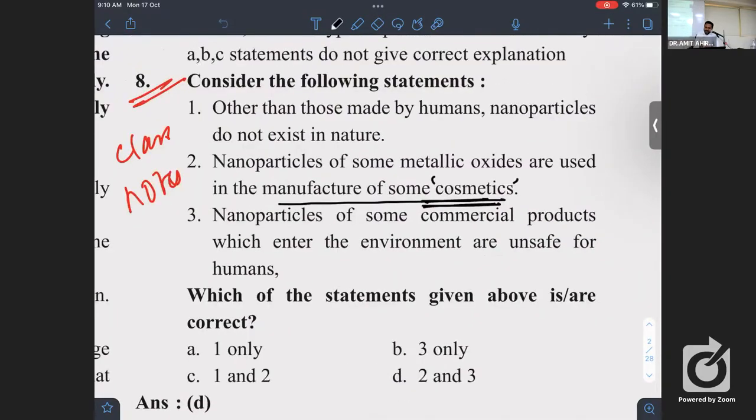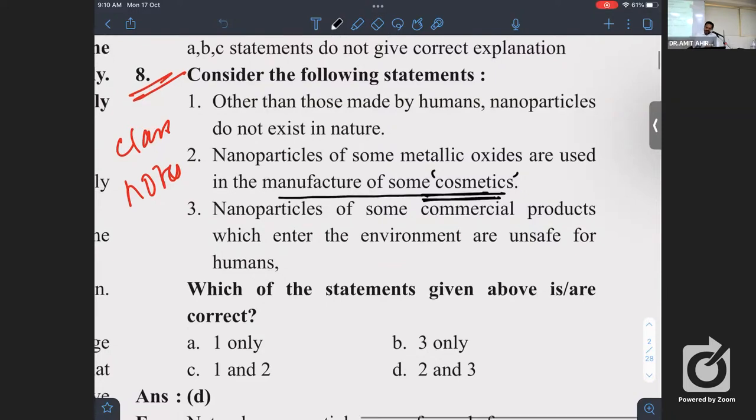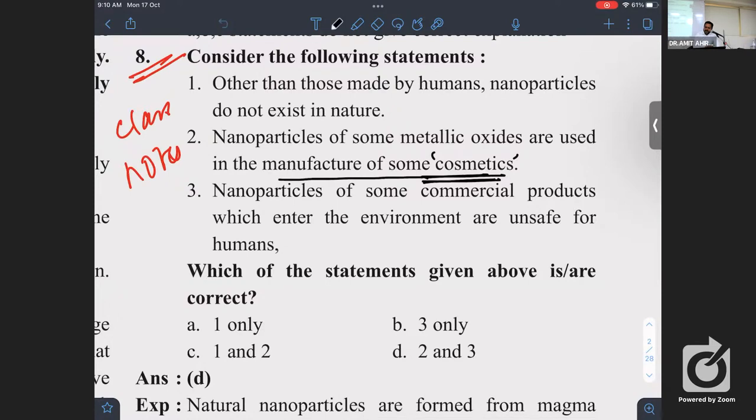The question goes something like this: there were 3 statements. Other than those made by humans, nanoparticles do not exist in nature. Nanoparticles from some metallic oxides are used in the manufacture of some cosmetics.